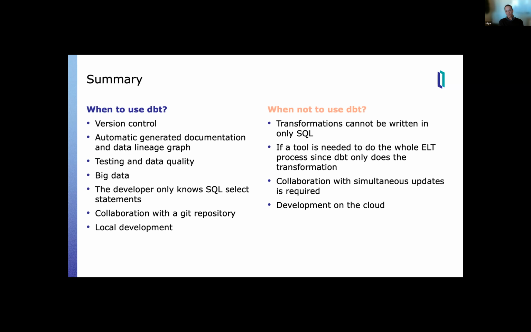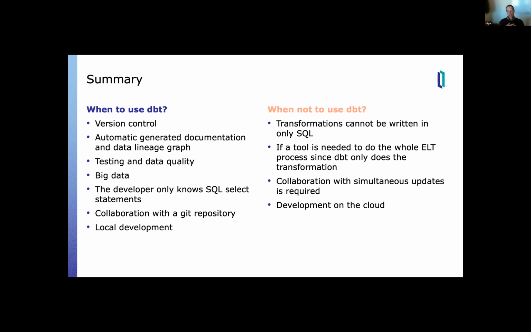When not to use it. If your transformations cannot be written in SQL, and you need a lot of other complicated code to do those transformations, it might not be the best tool. If the tool is needed to do the whole ELT process, that wouldn't be good, because DBT only does the transformation. If you need all of those pieces, the extraction and the loading, that's maybe not going to be the best use of your time.